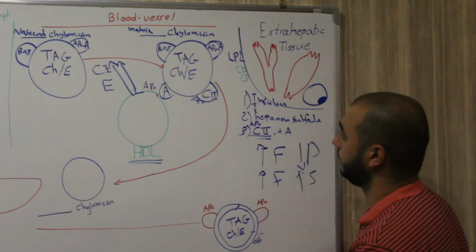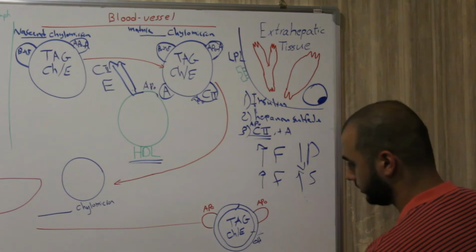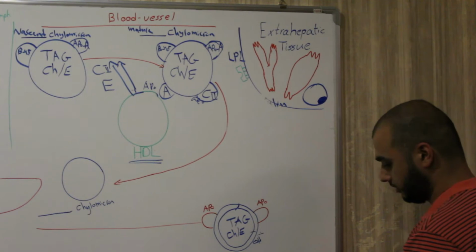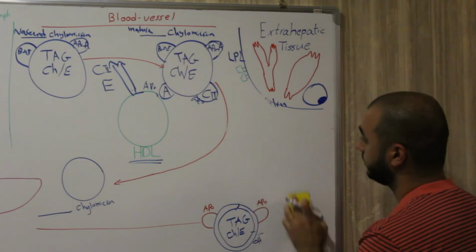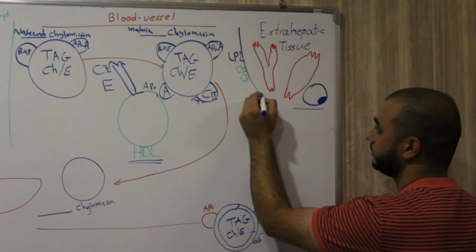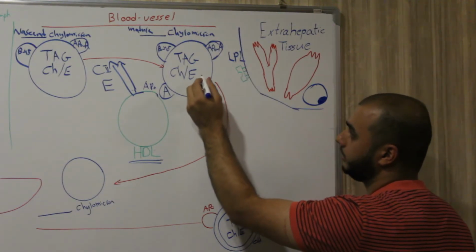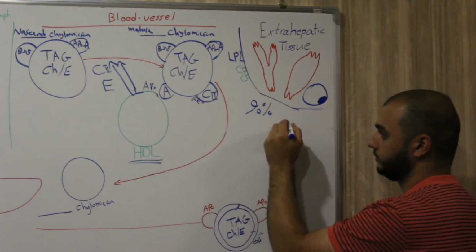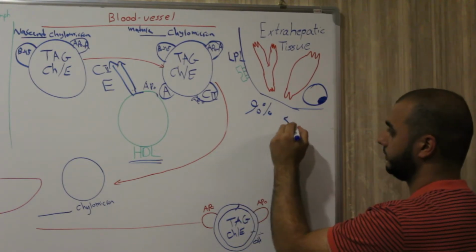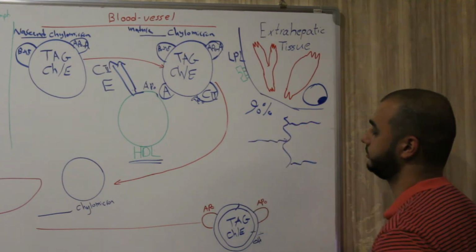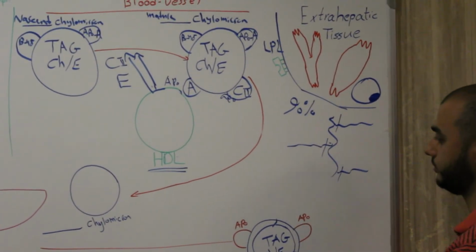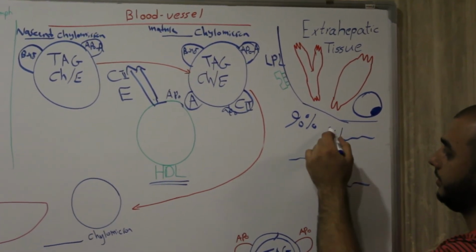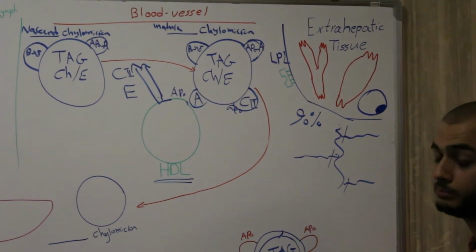Then we go back. We should see what will happen with the triacylglyceride that is hydrolyzed. There will be hydrolysis of 90% of the triacylglycerol. This is glycerol, and these are fatty acid chains. The fatty acids will be hydrolyzed and released into the blood, and the glycerol also will be free.